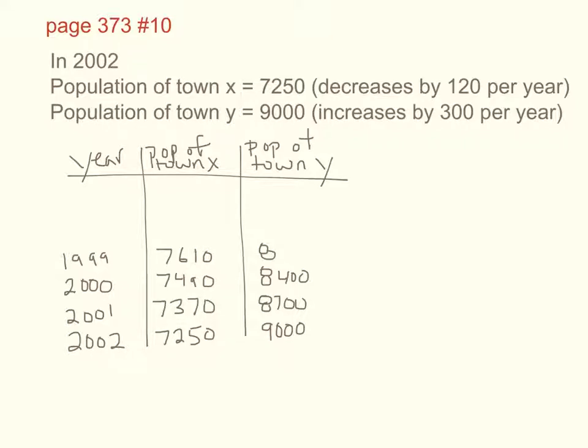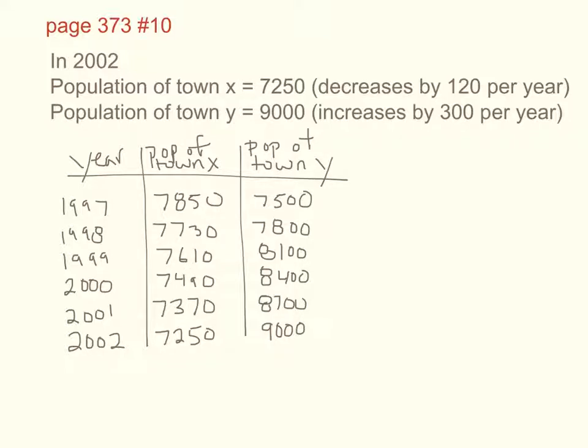7,610, 8,100, 1998, 7,730, 7,800. We can see town Y is still bigger, but it's barely bigger, and in fact, in 1997, it's actually town X that's larger.